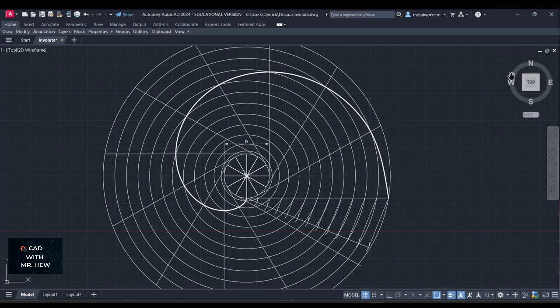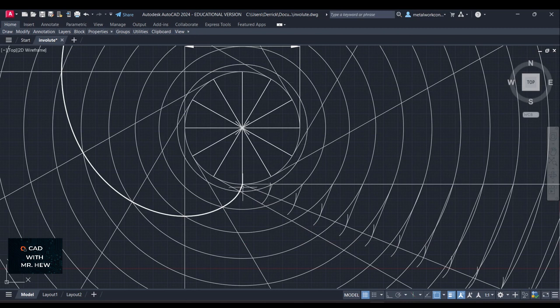And let me show you how I got the points, right? So the first point was on the base circle right here, where this circle intersects this line, or where this line intersects this baseline. All right, so right here we have this red dot, that would be the point.